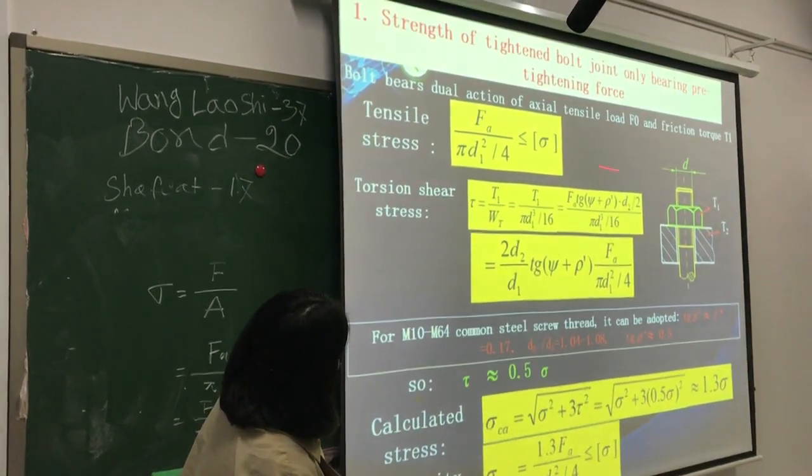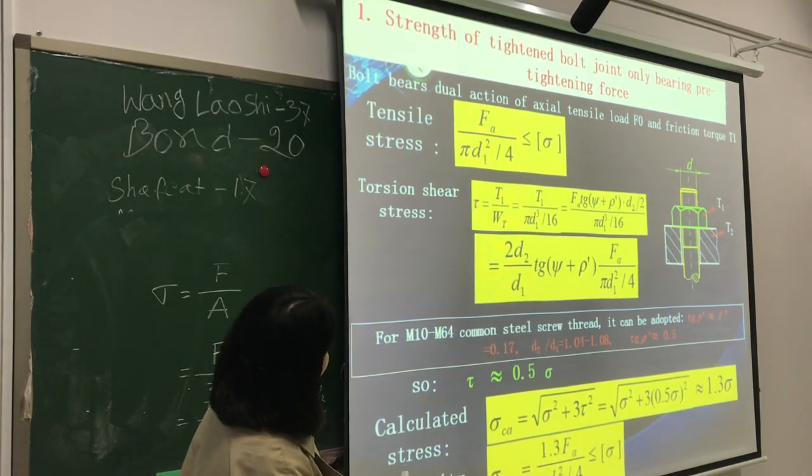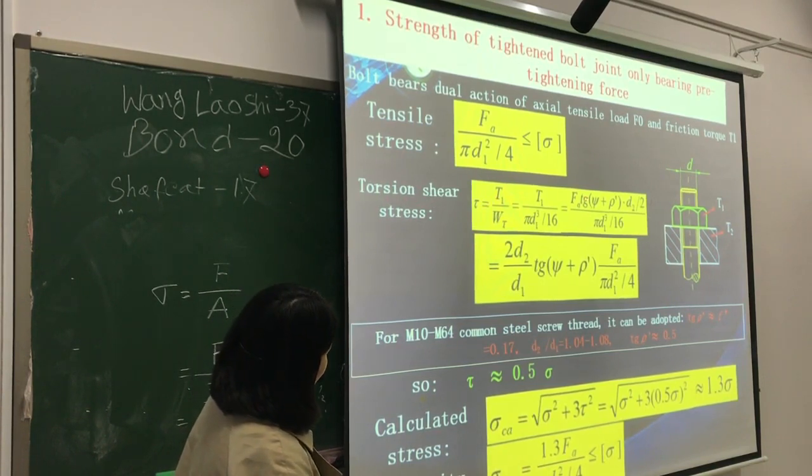So the tensile stress is F0 over the area, and should be less than the allowable stress. And for the torsional shear stress τ1, we can calculate like this.